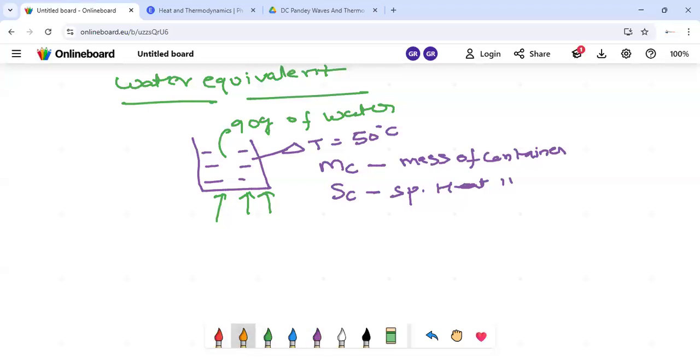Now, guys, tell me one thing. How much heat will I require to raise the temperature by 50 degrees Celsius? Please give me the answer. Specific heat of water is 1 calorie per gram per degree Celsius. How much is the heat required here?